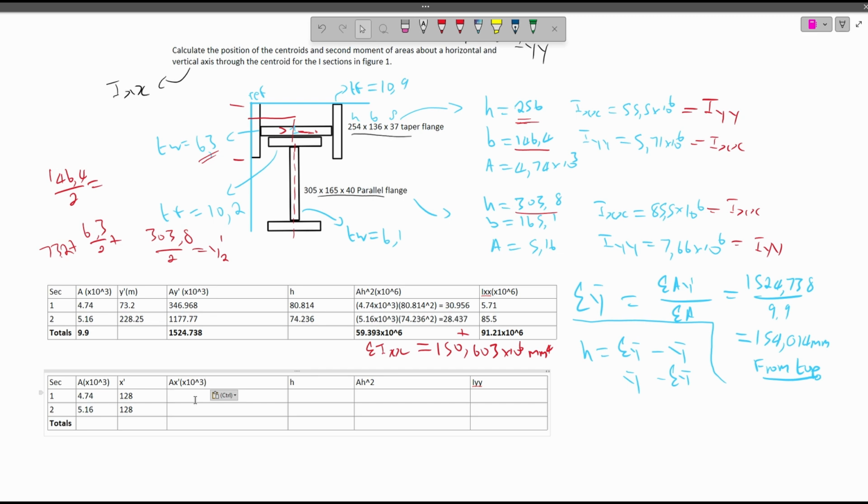With 4.74 times 128, you get 606.72. It's 660.48. Now total 1267.2. Our areas is 9.9.